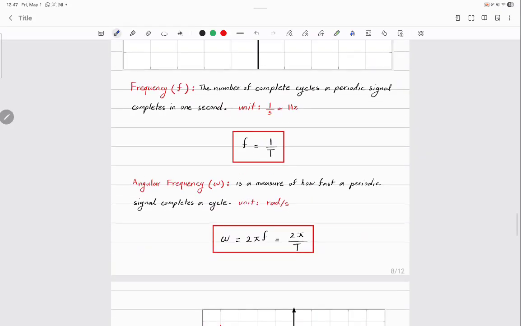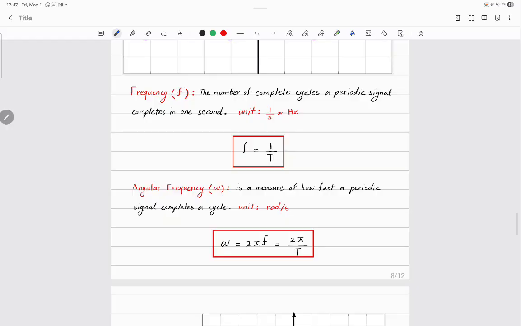So I talked about frequency and angular frequency, which is 2 pi times f, whatever frequency that you have. F is 1 over T, so omega is 2 pi over T. What is the famous unit that you know for frequency? Hertz, right?